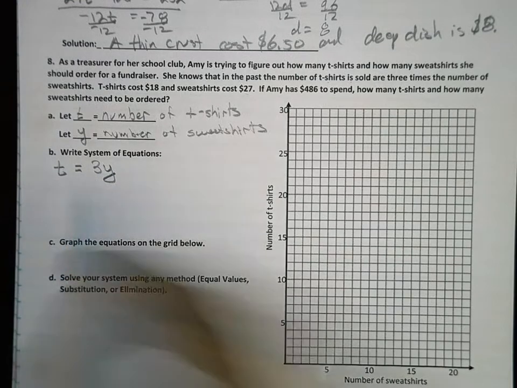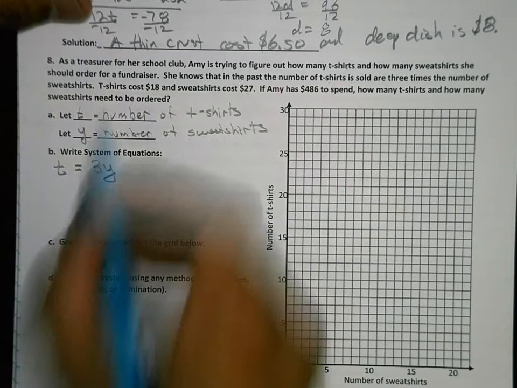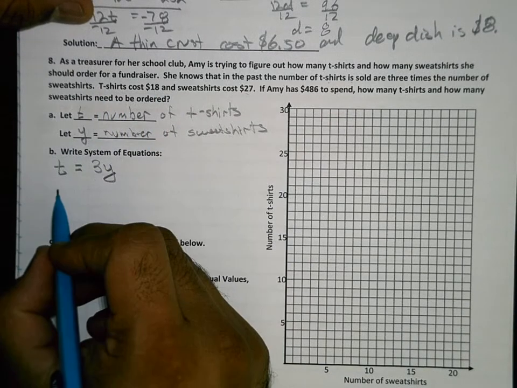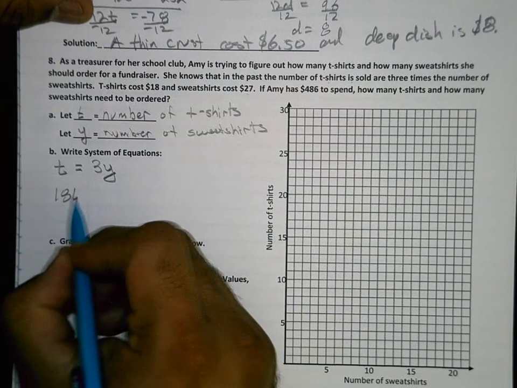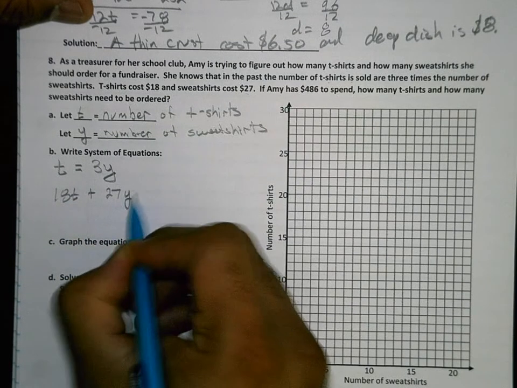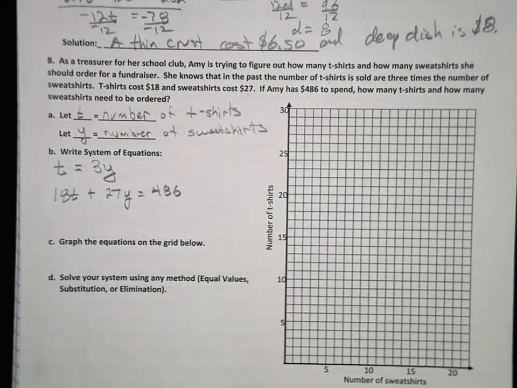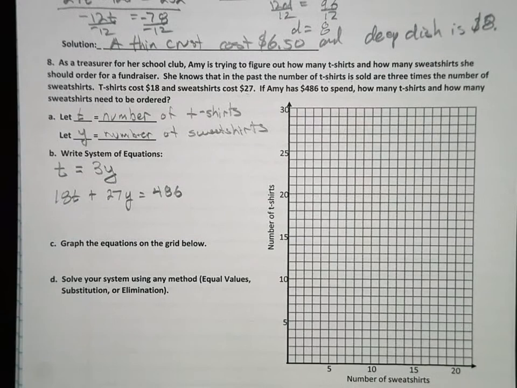So if I multiply by 3, now they're the same. Then I'm going to create a second equation that involves money. I take all the T-shirts, multiply it by 18, plus all the sweatshirts multiplied by 27, and she can only spend $486. So now we have our equations.